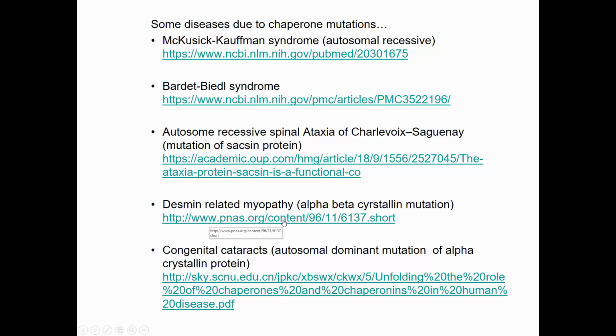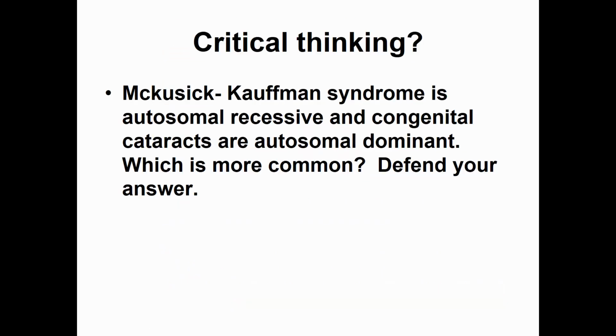So a muscle disease where desmin, which is an intermediate filament, is aggregating. Congenital cataracts is a problem of aggregation of alpha crystallin protein because of a problem with a chaperone. So these are rare diseases, but these are diseases that have been identified where there's a mutation in a chaperone. Then the cells are vulnerable to dysfunction and death because their chaperones don't work.